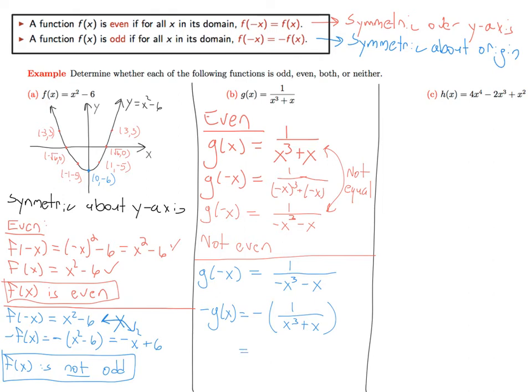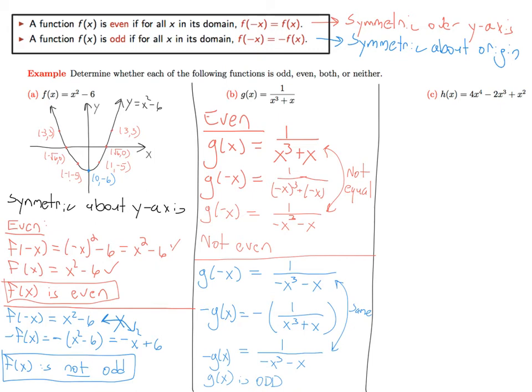And so if I distribute this negative sign, instead of to the numerator, into the denominator, then I multiply every term in the denominator by minus 1. So minus g of x, notice, gives me the same thing as when I evaluated g at minus x. So since these are equal to each other, here is a case where g of x is odd. Okay, so g was not even, but it was odd.